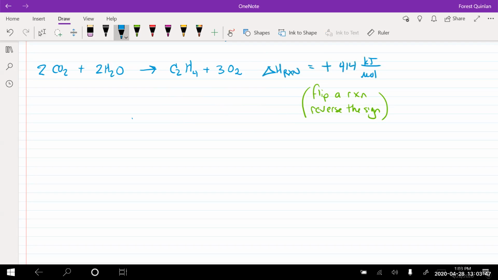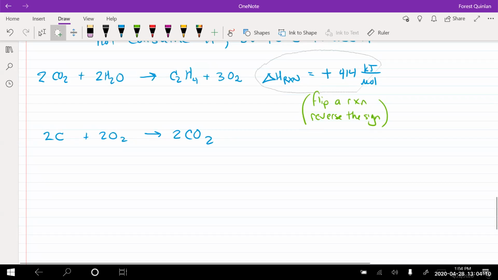So if I have that one right there, let's look at what I can do with the other ones. If I now do 2 carbons plus 2 oxygens goes to make 2 CO2s. Now, why did I go ahead and multiply everything by 2?